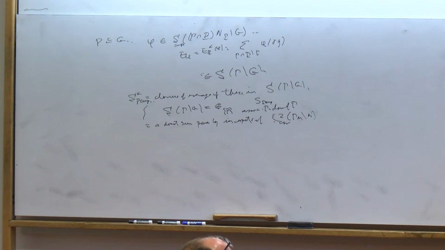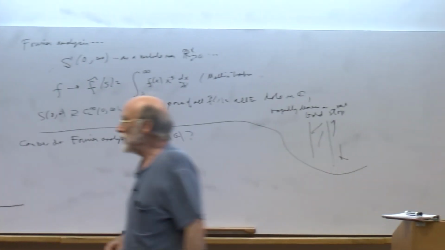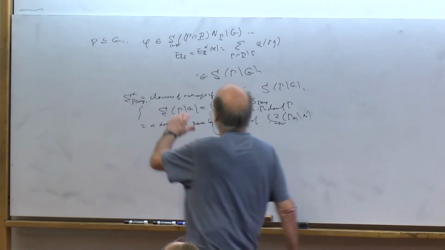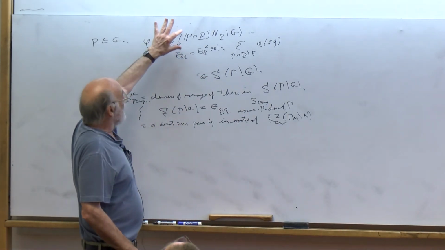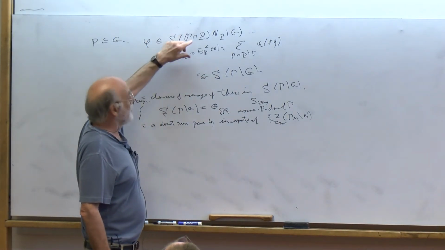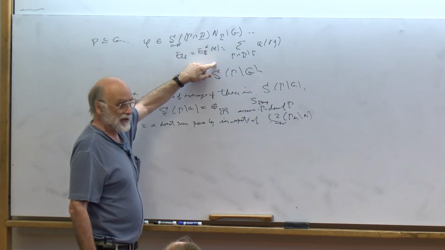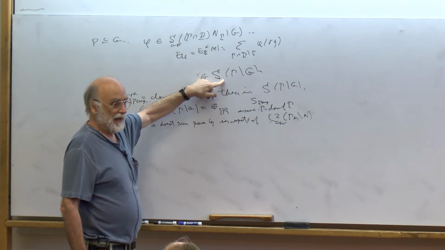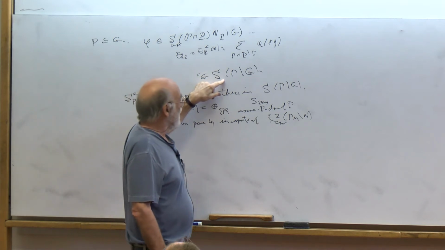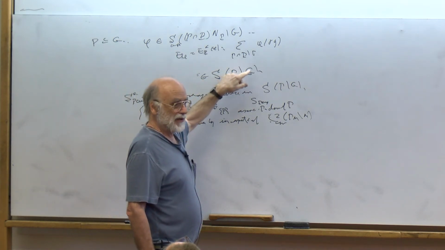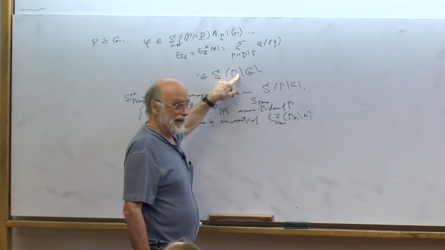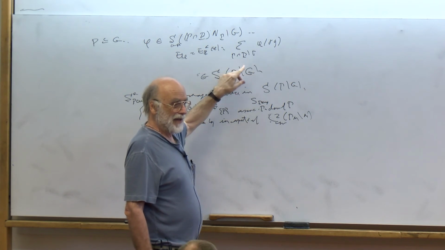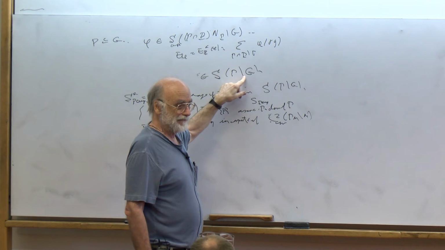Well, for this phi, you wanted to impose this. So yeah, let me go back again. I'm short-circuiting. First of all, if I take an arbitrary function in the Schwartz space here, I can take its Eisenstein series, and that gives me a function in the Schwartz space here. Now, that tells me what the cusp forms on gamma G are: those are the ones which are orthogonal to every Eisenstein series of this kind.